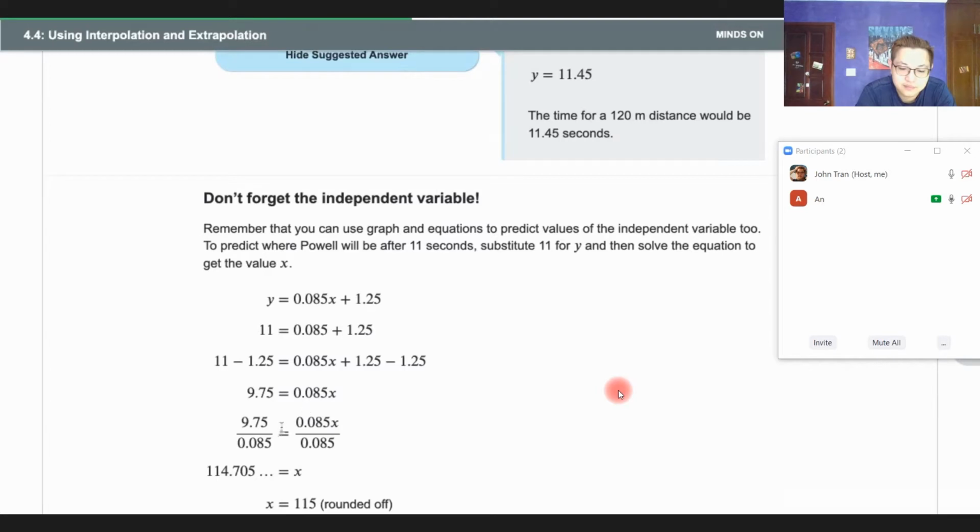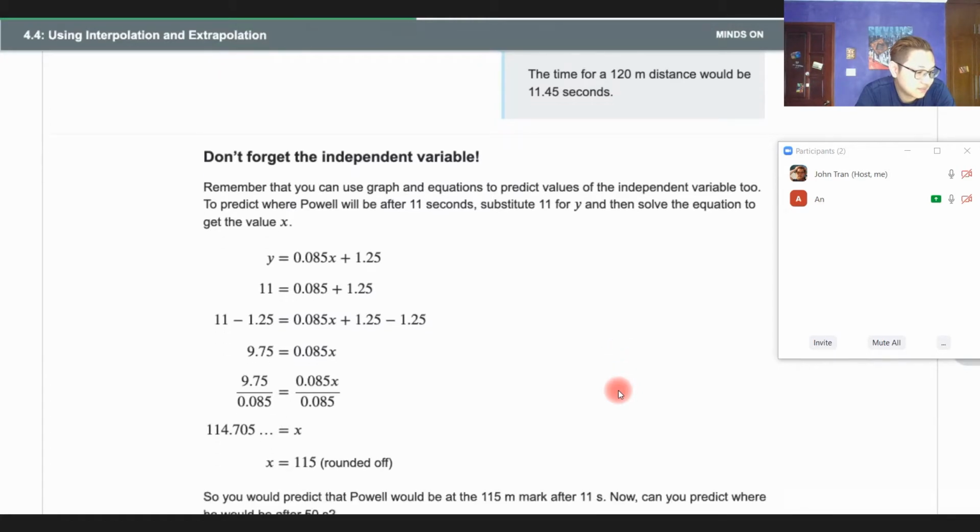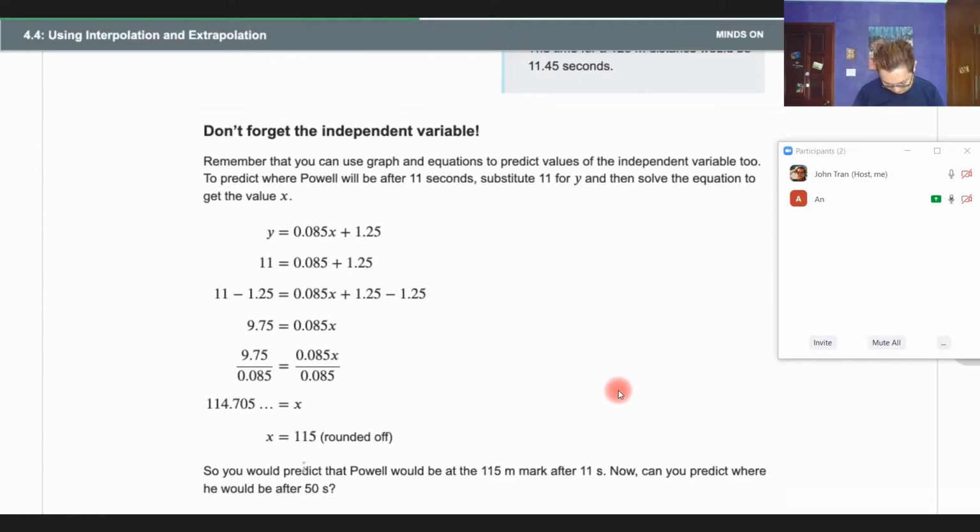Then you bring the 0.085 under, take 9.75 and divide by 0.085, and you get about 114.705, which is equal to x. So you round off, and it would be 115 equals x.